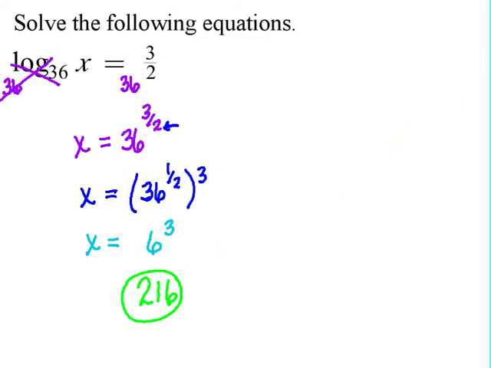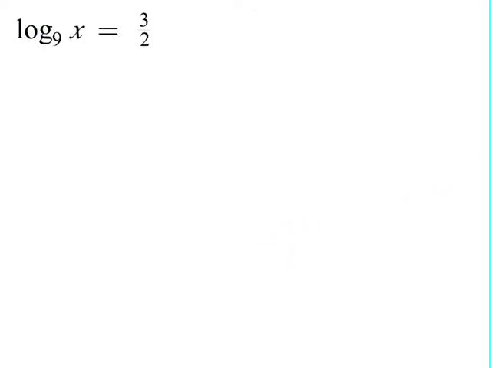Okay, so now let's look at this one. Log base 9 of x equals 3 halves. What do you do to both sides? The 9. Now those are gone, and I'm left with x equals 9 to the 3 halves power. Now I need to simplify that.